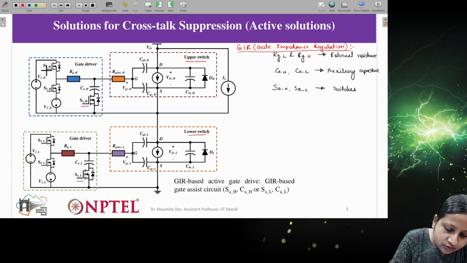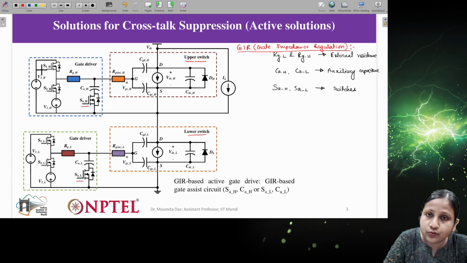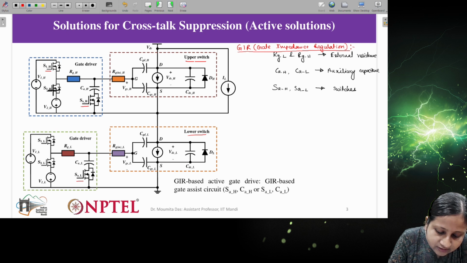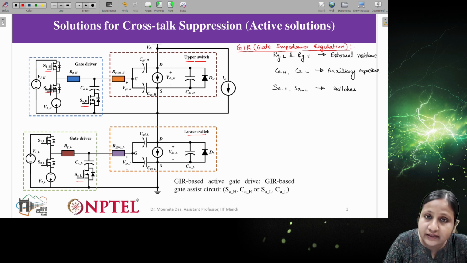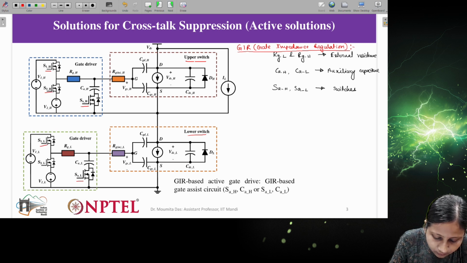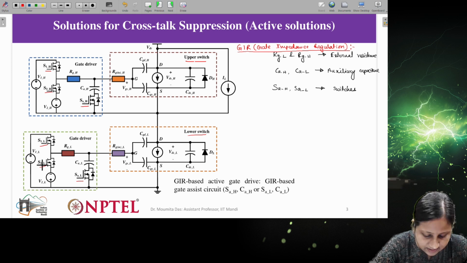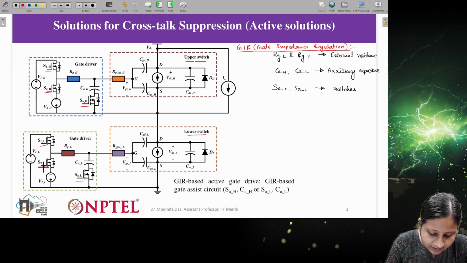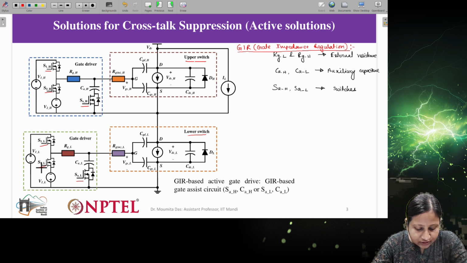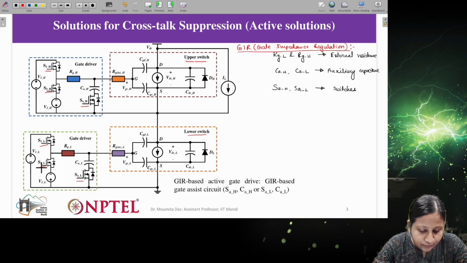There are two switches with respect to the upper network, S1H and S2H, and two switches with respect to the lower network, S1L and S2L.